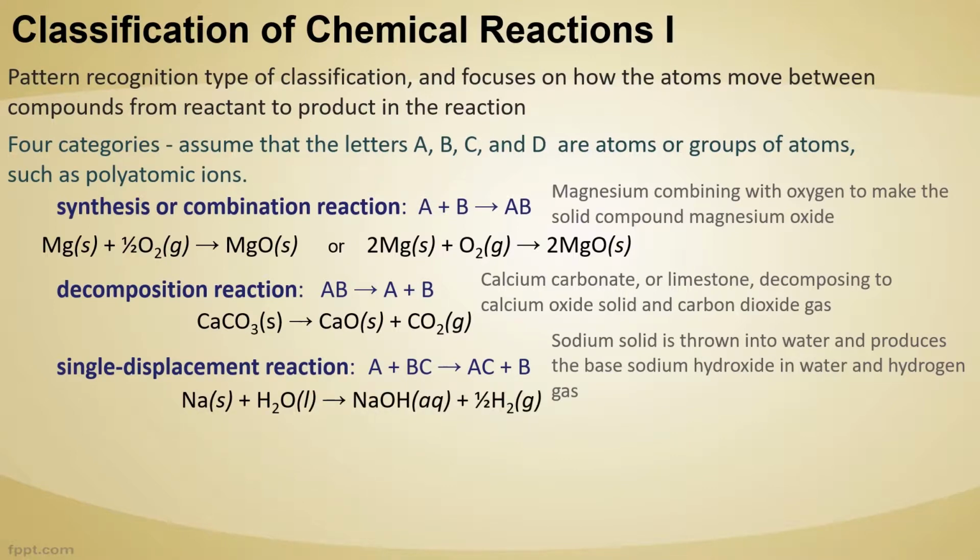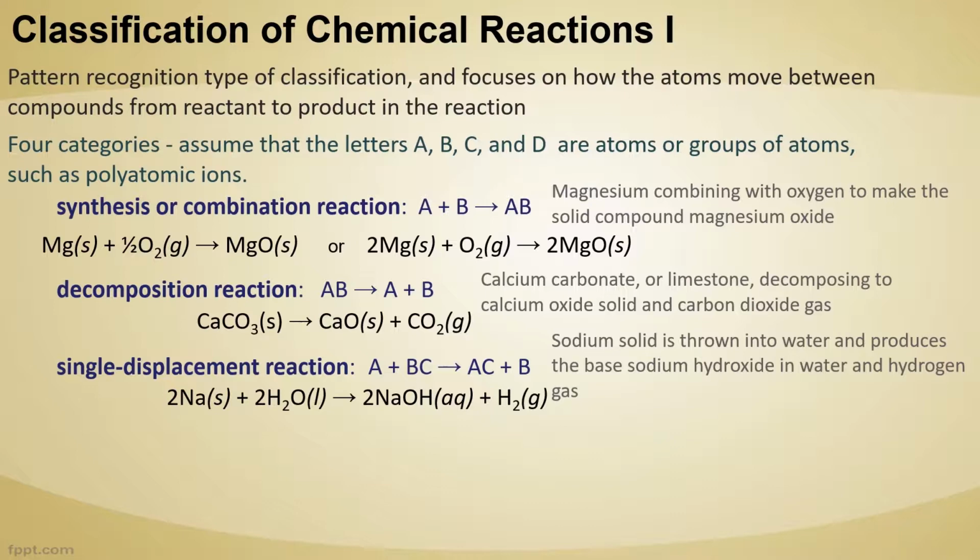Balancing atoms leads to sodium solid plus H2O liquid yields sodium hydroxide aqueous plus 1/2 hydrogen gas, which looks like our generic equation where the sodium atom is displacing one of the hydrogen atoms in the water. Again, multiplying the equation by 2 yields the equation that is shown without the fractions.